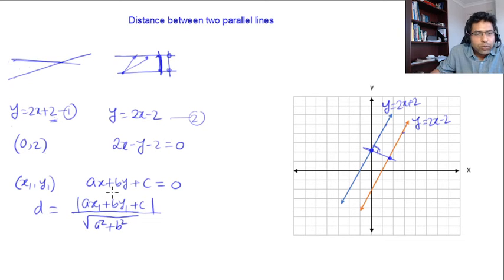In the equation, instead of x and y, we substitute the x1, y1 point, whatever the point is given.